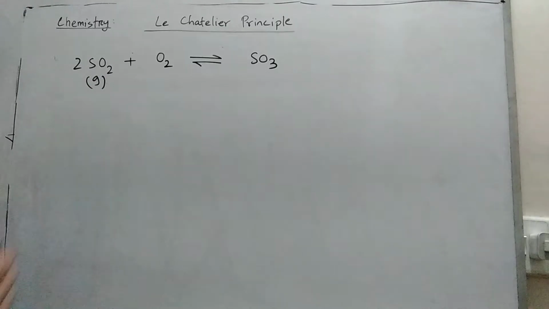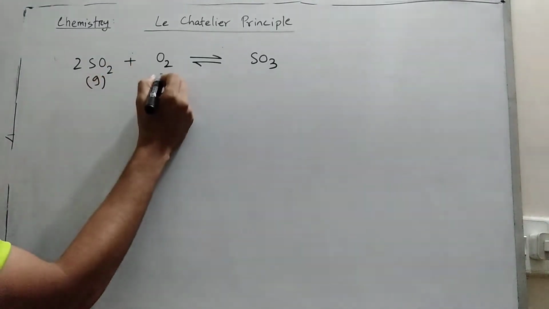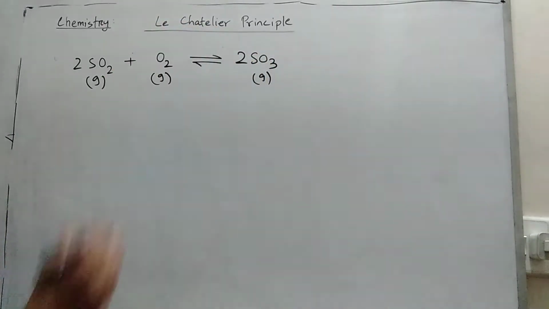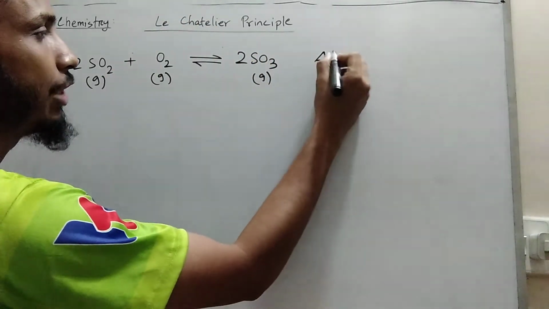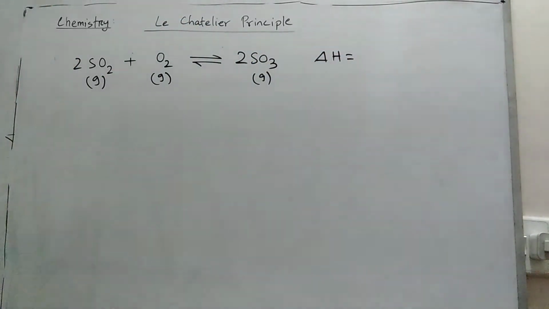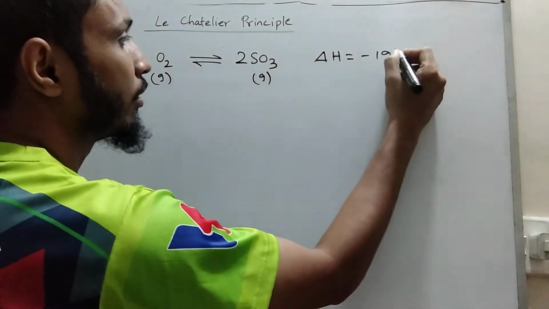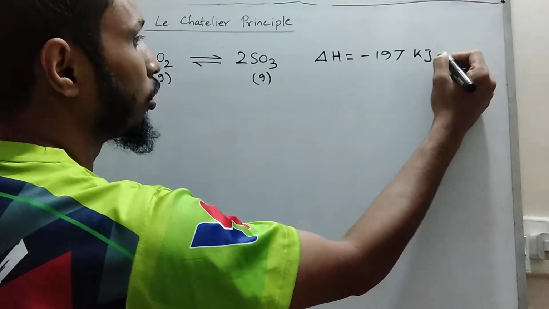Let's balance this equation. The del H of this equation, or the enthalpy change of this equation, is minus 197 kilojoule per mole.